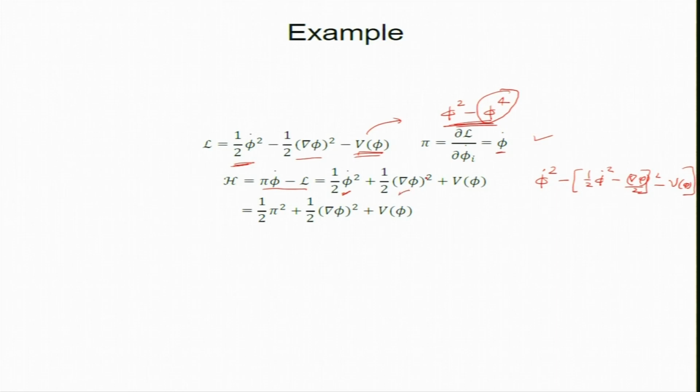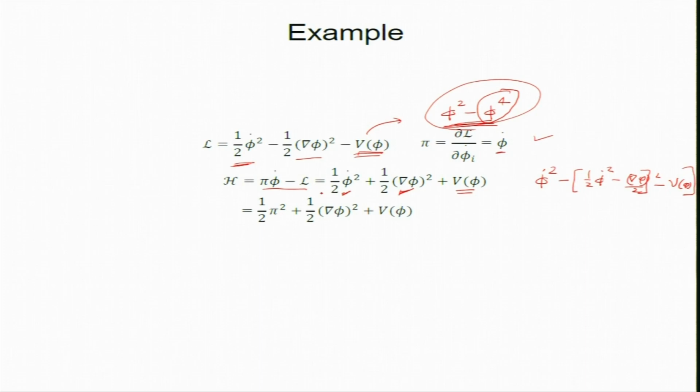This grad phi term is like some kind of tension. For the string I had called this a potential, but in field theory these kinds of terms are called potential. Intuitively you can think of grad phi as potential also, but this notation keeps changing the definition. So this is coming from here.